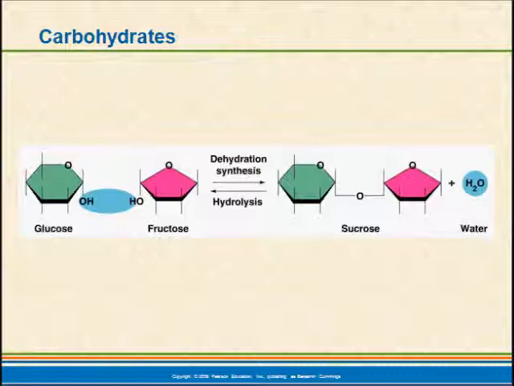Understand that a carbohydrate has carbon, hydrogen, and oxygen as its chemical components. It is called a carbohydrate because you have one water molecule to every carbon molecule. So you have a carbon, two hydrogens, and an oxygen, H2O plus a carbon.